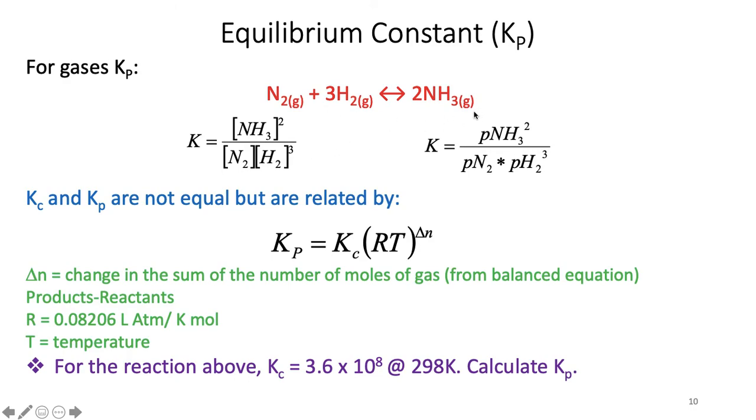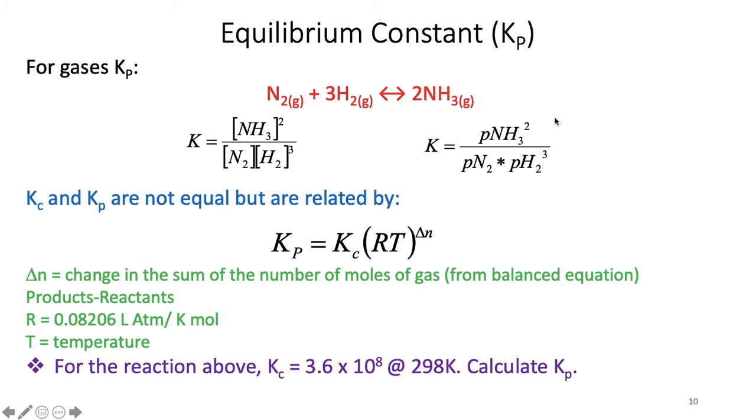In that case, we write an equilibrium constant calling it Kp, where instead of using concentrations, we use the partial pressures of each gas.